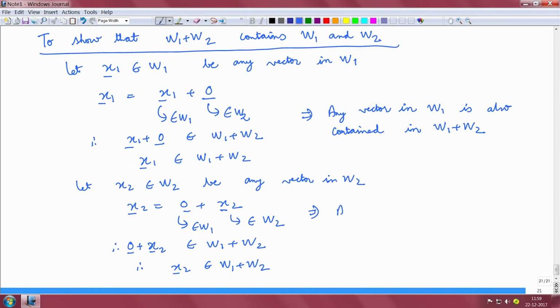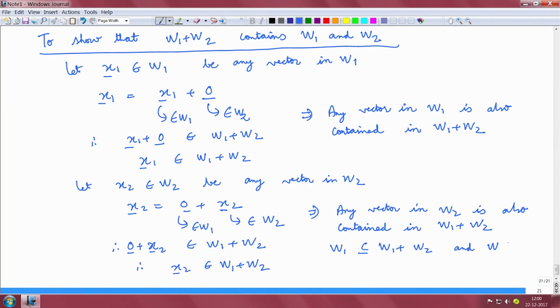So, any vector in W2 is also contained in W1 plus W2. So, we have shown that W1 is contained in W1 plus W2 and W2 is contained in W1 plus W2.